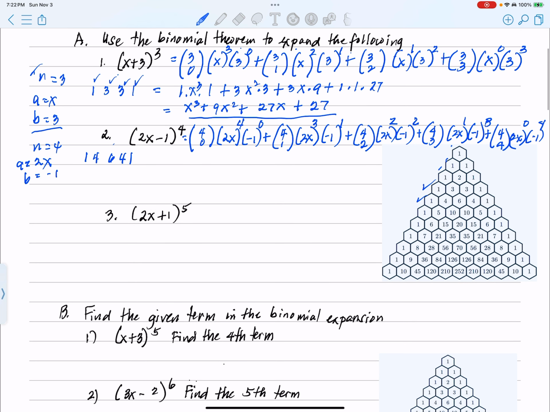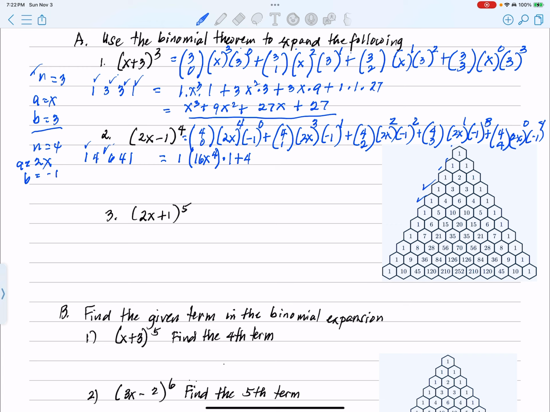Okay, now substitute where the location of the term is. So 4 choose 0, it's 1. That is our coefficient. 2 to the 4th, that is 16. x to the 4th, then -1 to the 0, it's 1. 4 choose 1, it's 4.